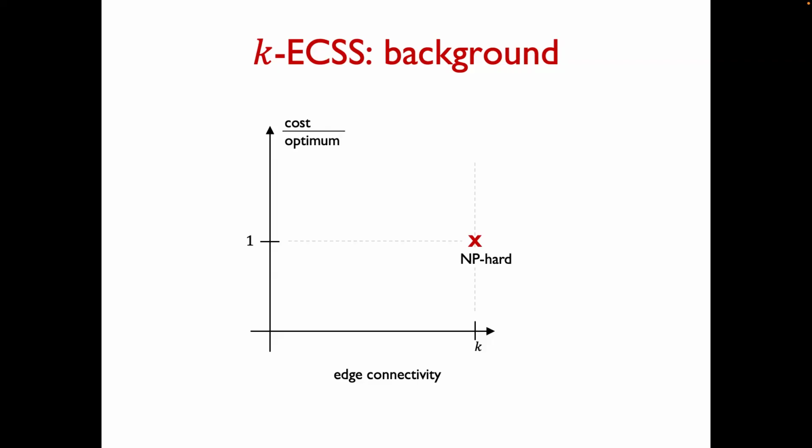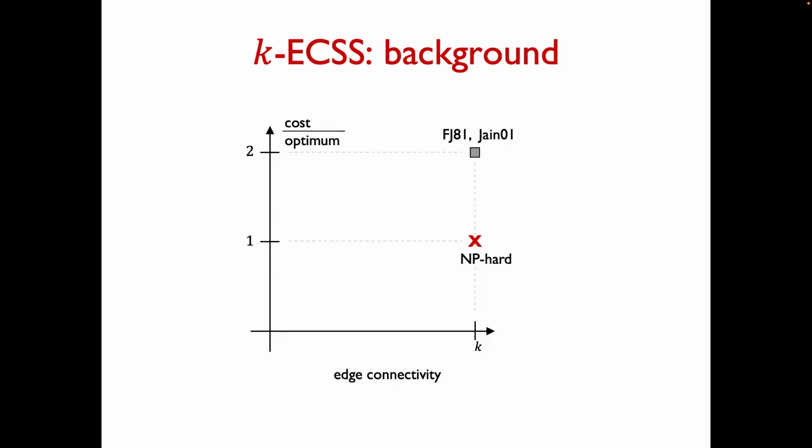What's known is that since the 80s, by work of Frederickson and JáJá, we have a two-approximation algorithm. I've also cited Jain there because we'll be using some of his ideas, but Jain solved a much more general problem, which also gives a two-approximation for this problem. That's the best known in terms of approximation algorithms.